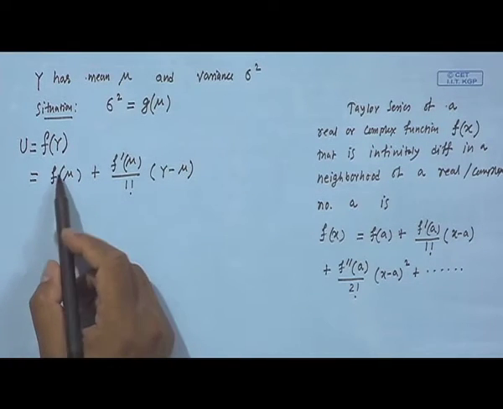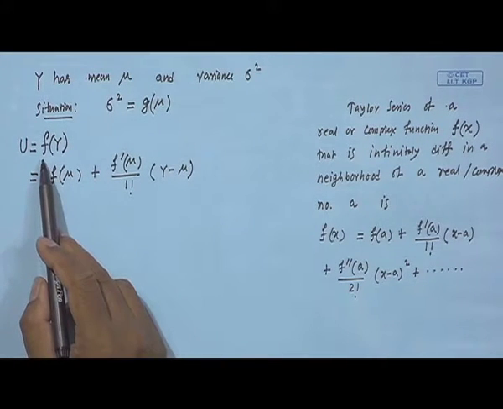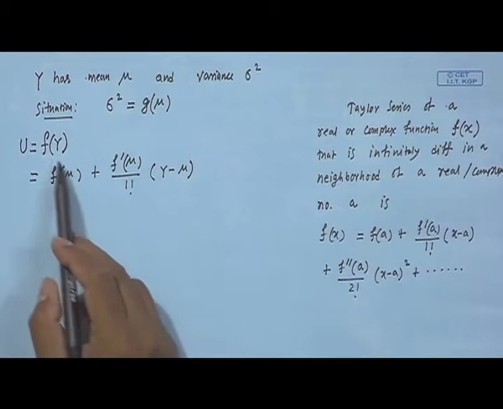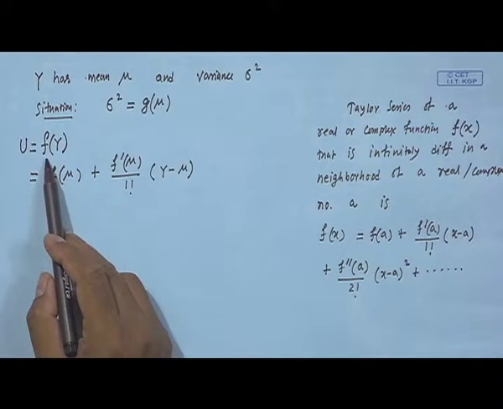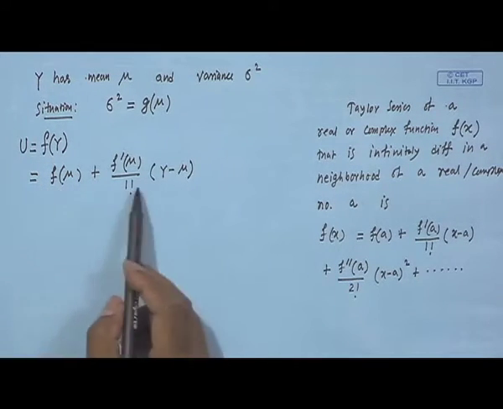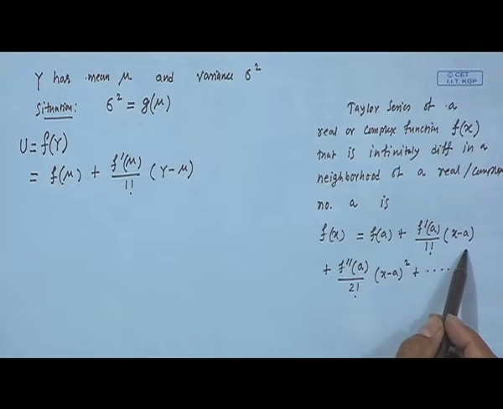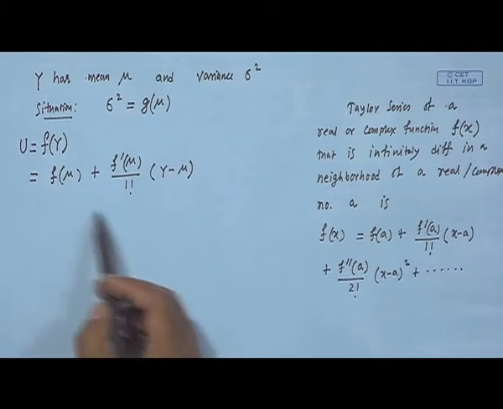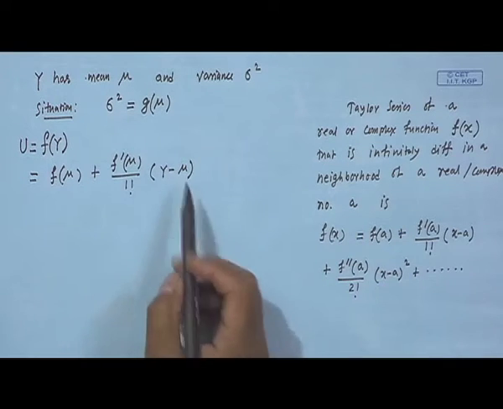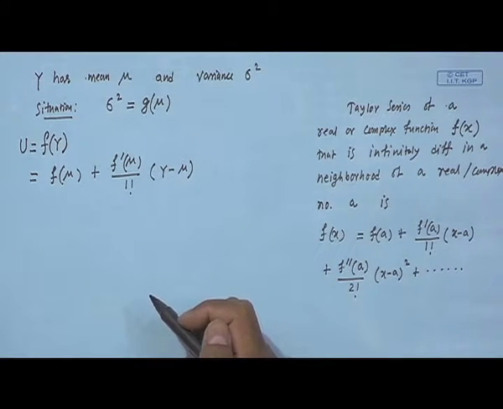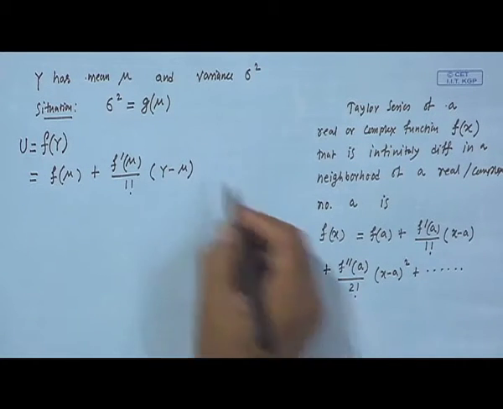So, I am considering the Taylor series of f(y) up to the first term, in the neighborhood of mu, and I am ignoring the higher order terms.